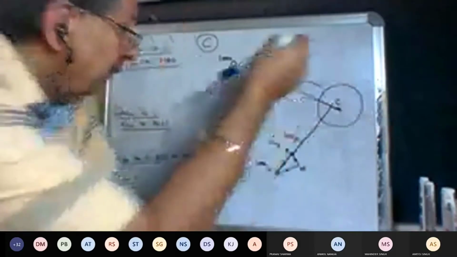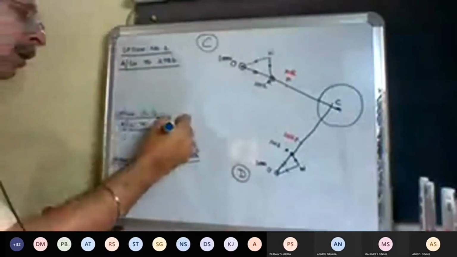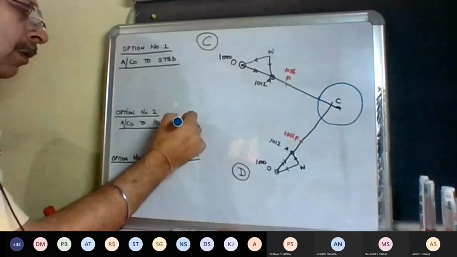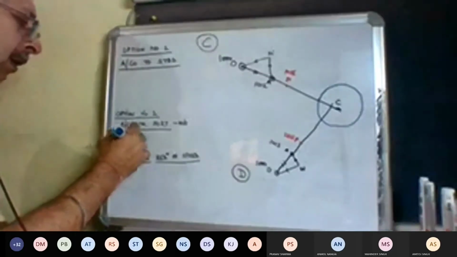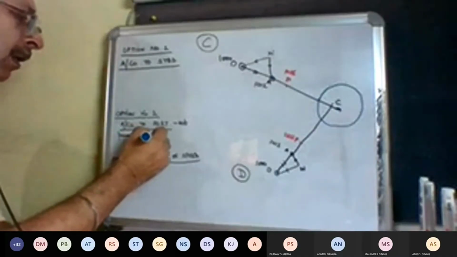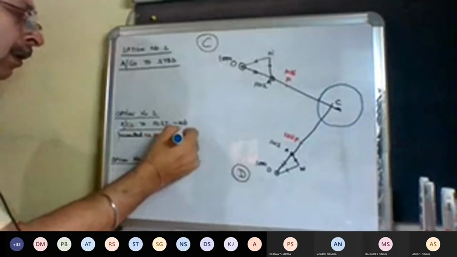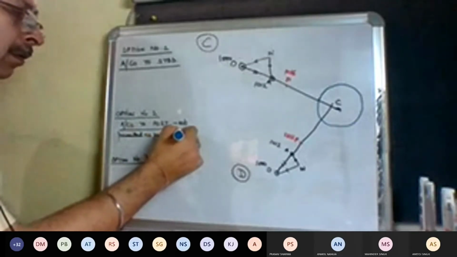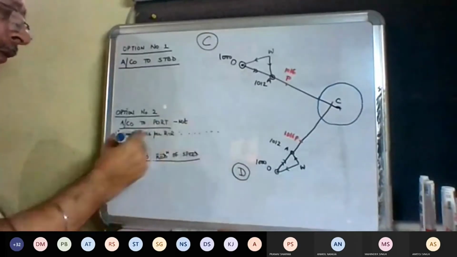Okay. So option number 2, you will write down: not permitted as per ROR. Because of, now you start writing everything over here.